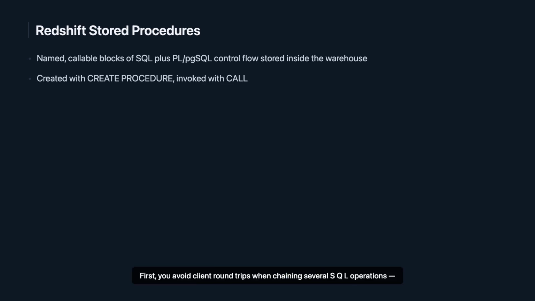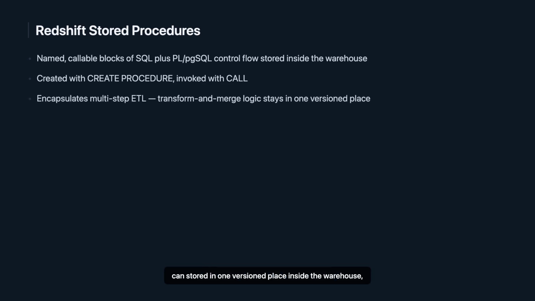First, you avoid client round trips when chaining several SQL operations. Five statements from outside the warehouse means five network hops, but wrap them in a stored procedure and it's one call. Second, multi-step ETL logic, transform, validate, then merge, can be stored in one versioned place inside the warehouse, instead of being scattered across application code.